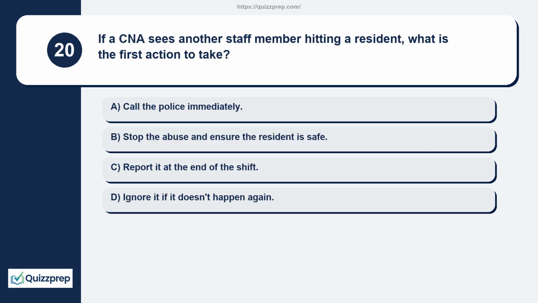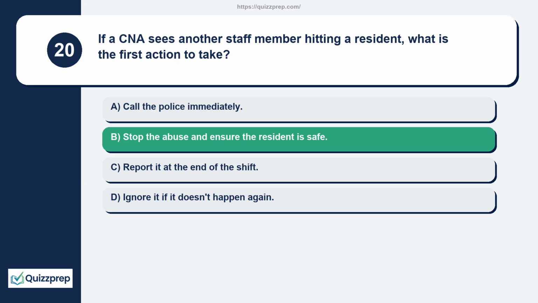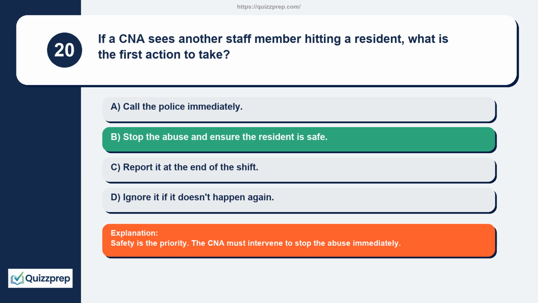Question 20. If a CNA sees another staff member hitting a resident, what is the first action to take? Call the police immediately, stop the abuse and ensure the resident is safe. Report it at the end of the shift. Ignore it if it doesn't happen again. Safety is the priority. The CNA must intervene to stop the abuse immediately.